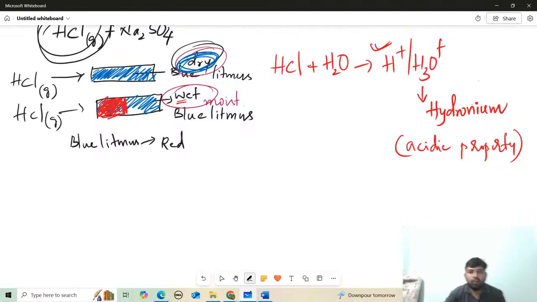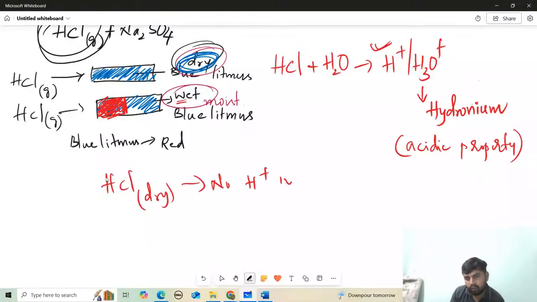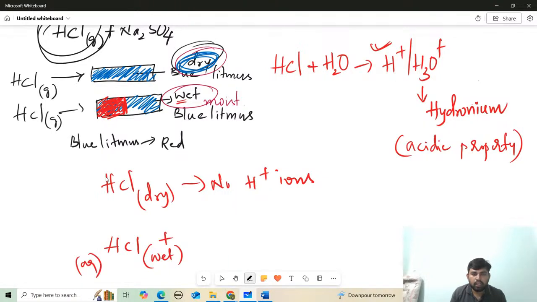Now if I take HCl gas in two cases, if it is dry, what happens, sir? No H plus ions will be produced here. Similarly, if I take HCl with wet paper, it is an aqueous solution, meaning there is water.